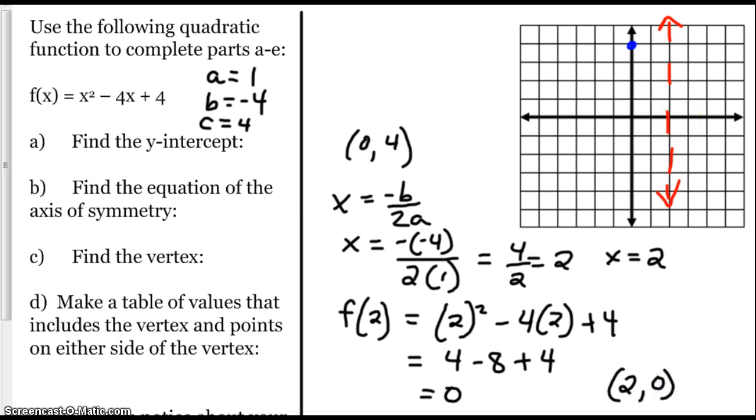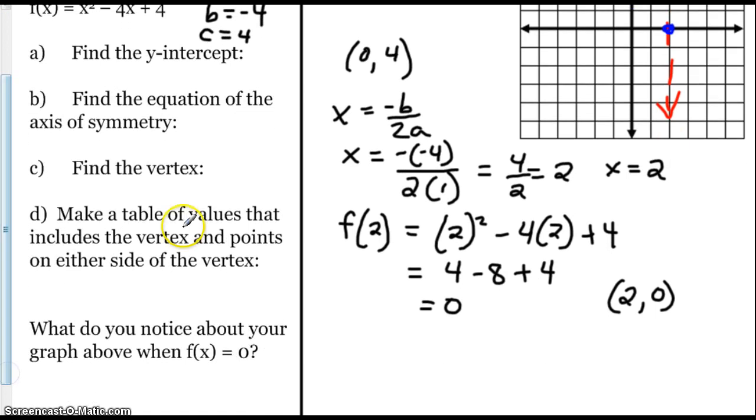So already we can see our graph. Okay. So we can start by using these points to create a table of values. We already know one value from our y-intercept, and we know our vertex.